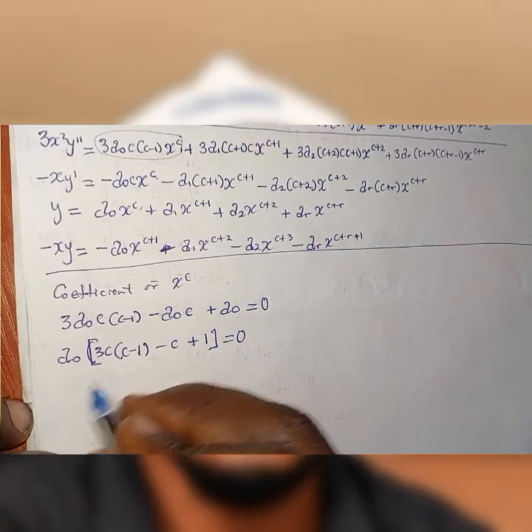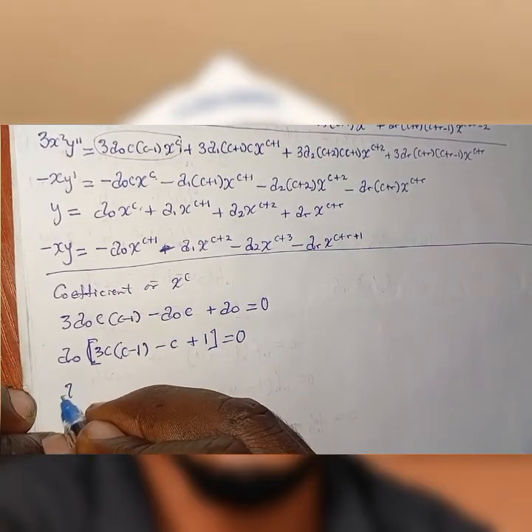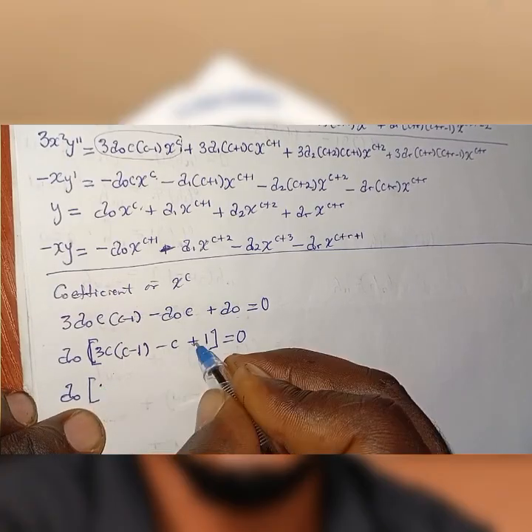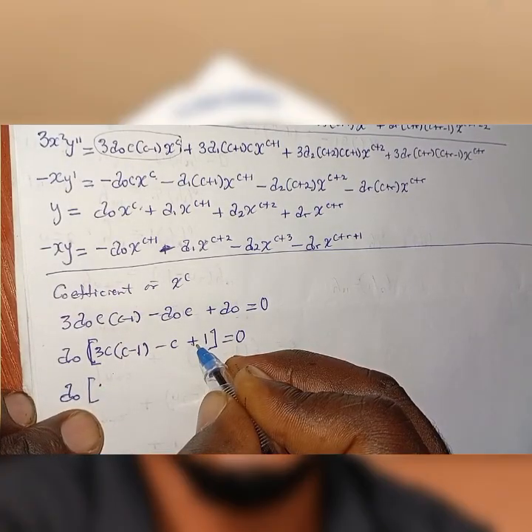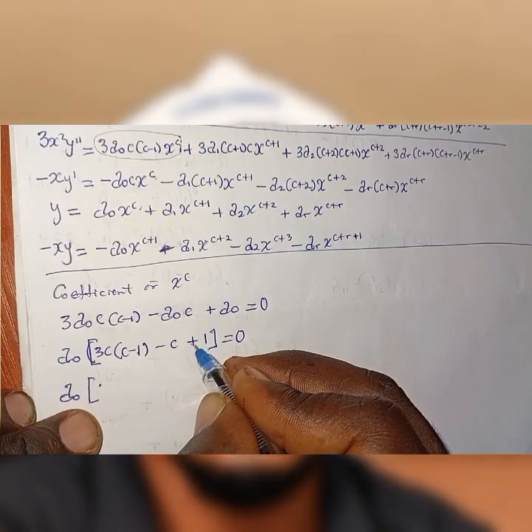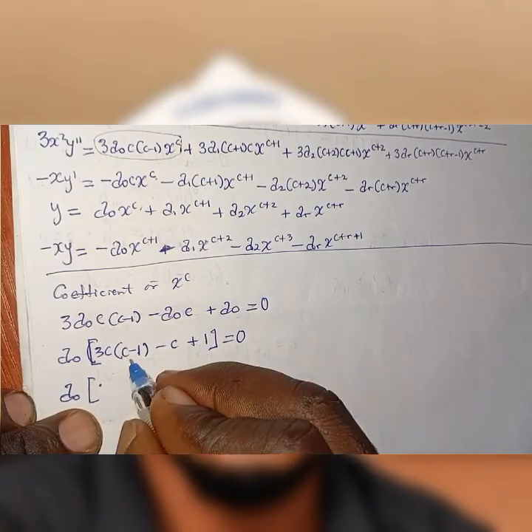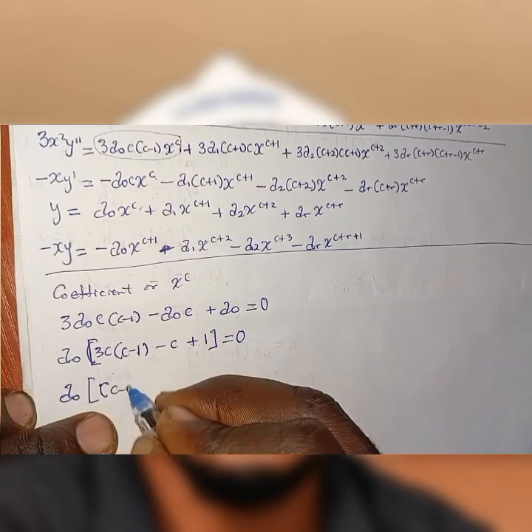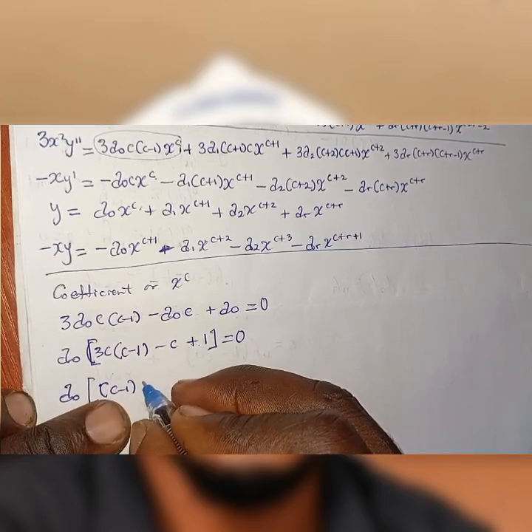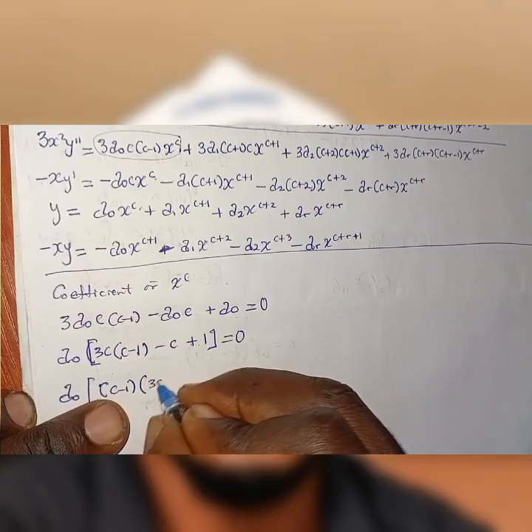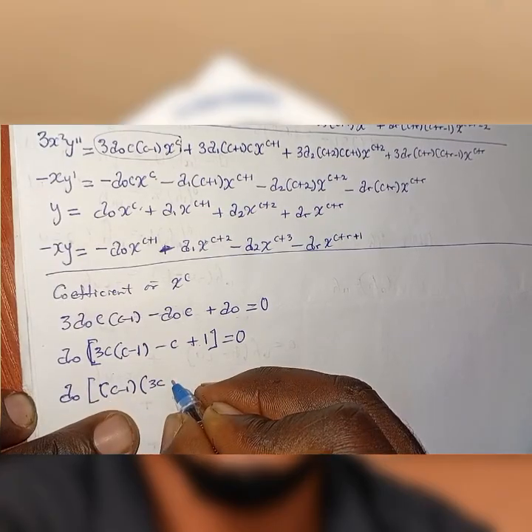Now, another thing we can do is with a naught. We can make this to be the same as this. Since this is minus, this is positive, so I can factorize this one out, c minus 1. Then it remain 3c. This one also be what?